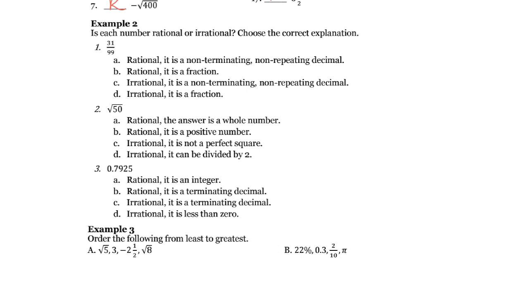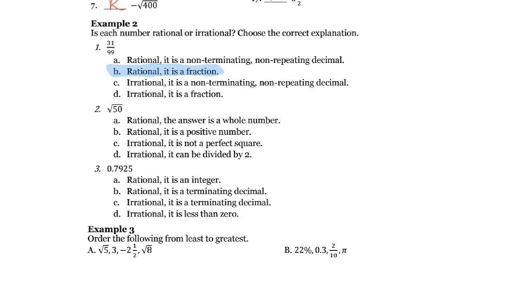Well, it's a fraction. All fractions are what? All fractions are rational numbers. So the answer is going to be B because it's rational, because it's a fraction.